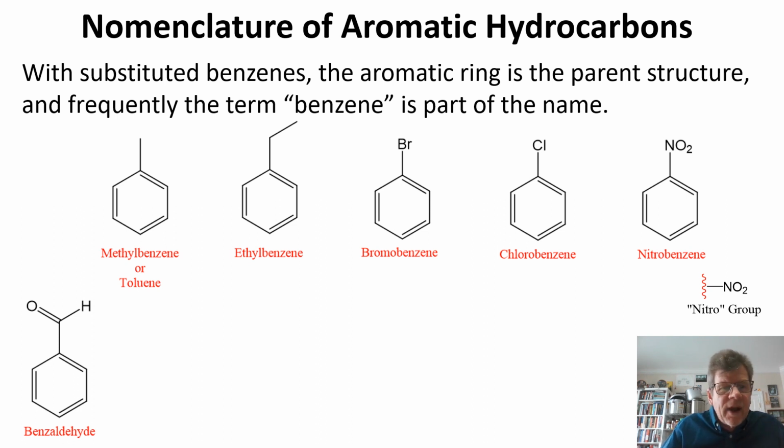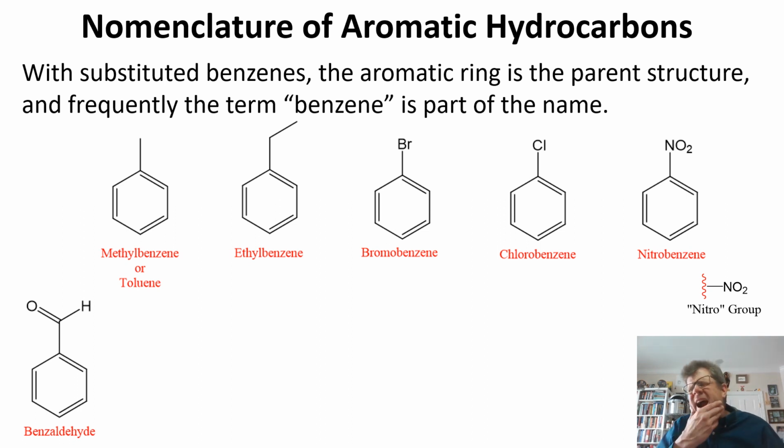If I had an aldehyde group covalently bonded to an aromatic ring, it's called benzaldehyde. No benzene in there, but benz is a contraction of benzene. Benzaldehyde. That is indeed an aldehyde connected to it, so it's considered benzaldehyde.